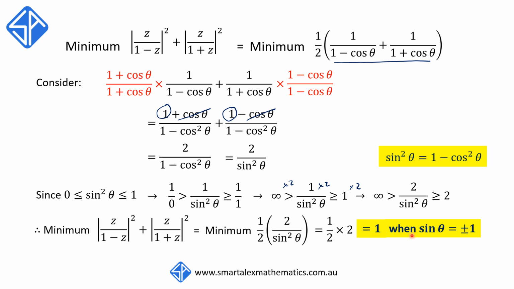And this occurs when sine theta is equal to plus or minus 1. And this means that when theta is equal to plus or minus pi on 2, that's when we have the minimum value. So now we've established that the minimum value of our original expression is 1, and this occurs when theta is equal to plus or minus pi on 2.